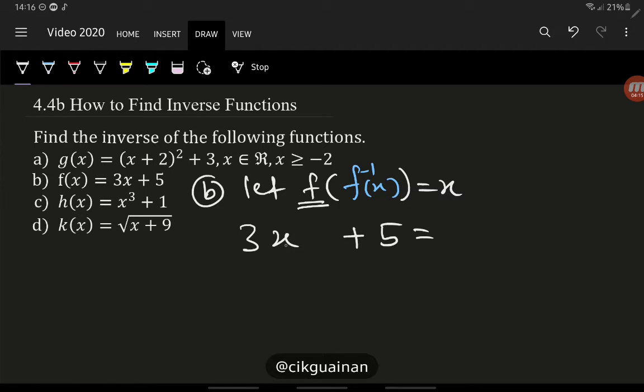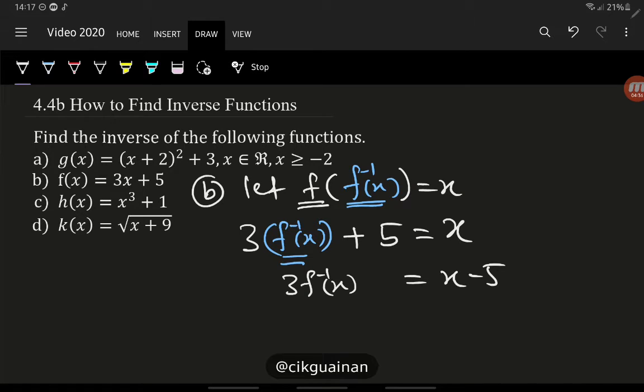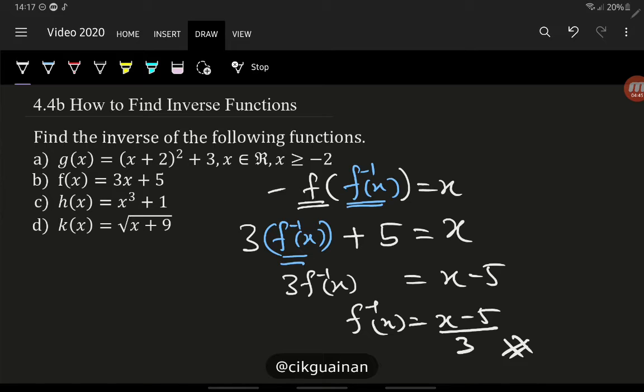Now we change the x to f inverse of x, then we can write it equals x. Now we solve for f inverse. So 3 f inverse of x equals x minus 5. Therefore, f inverse of x equals (x minus 5) over 3. So this is the inverse for the second one.